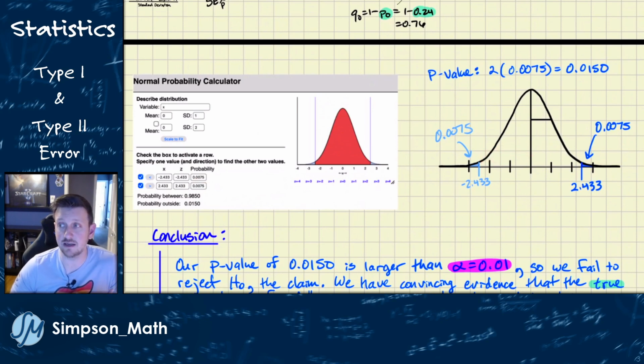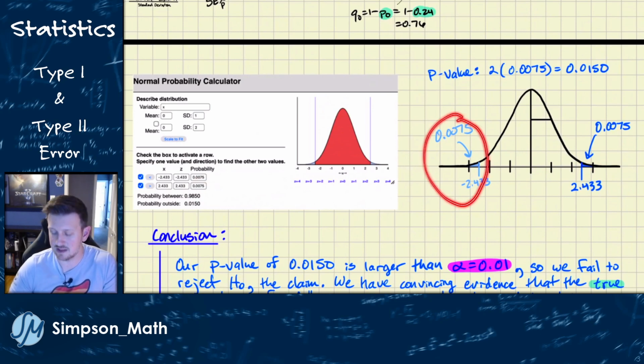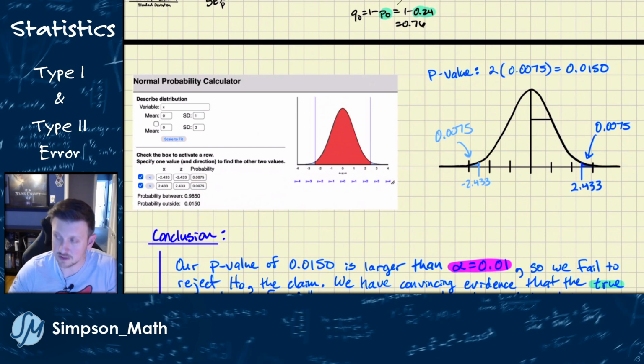And because I didn't care enough to specify that I was interested in seeing if it was less than or more than, I have to pay a little bit of a penalty by doing this double tail, because I'm testing the claim of equal to, so it could be done on either side. So I'm looking at less than the negative version of my z-score, which is of course also the same.